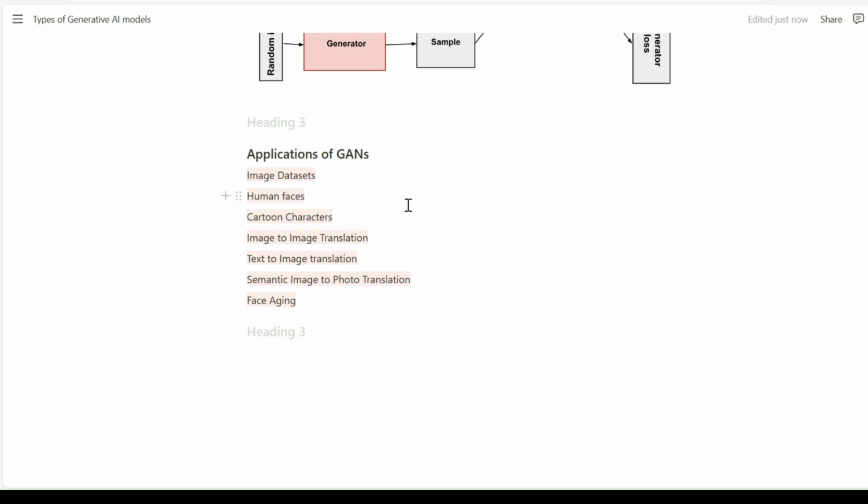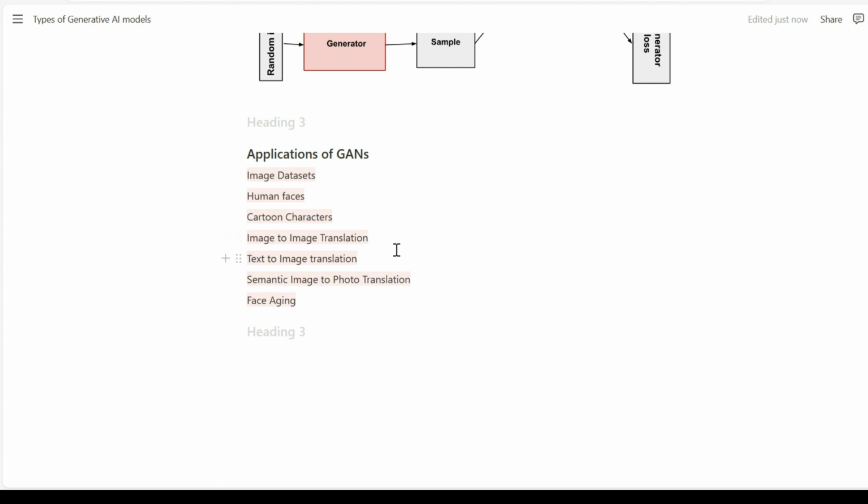Then it can do image-to-image translation, translating an image from one domain to another. For example, you give a horse as an input image and ask it to convert it to a zebra, and it can do that. It can convert a sketch to a colored image. It can also do text-to-image translation.